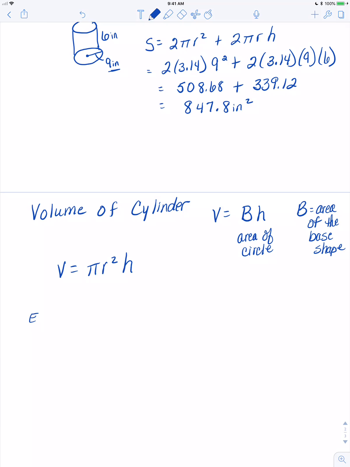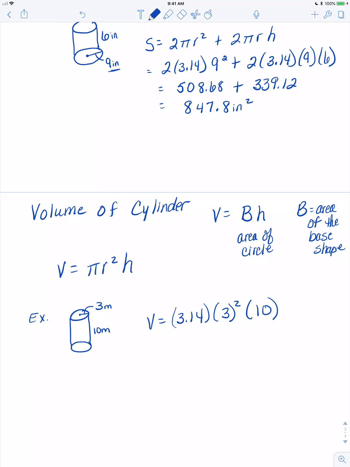Let's say, and remember, volume means how much is it going to hold. Let's say that's 3 meters. And this is 10 meters for my height. Okay, so volume is pi, 3.14, times the radius, which is 3, squared times your height, which is 10.